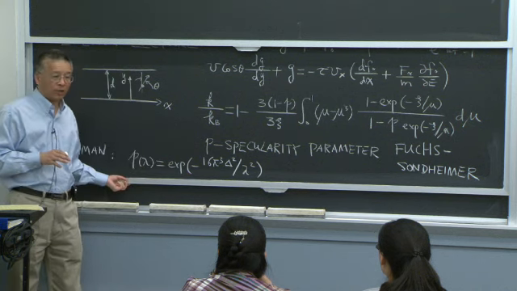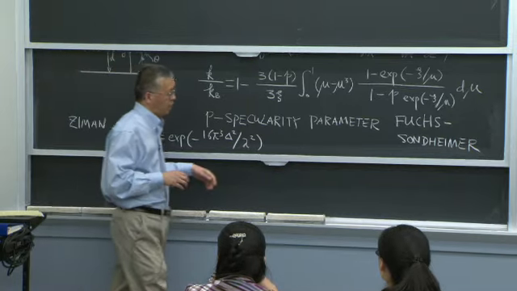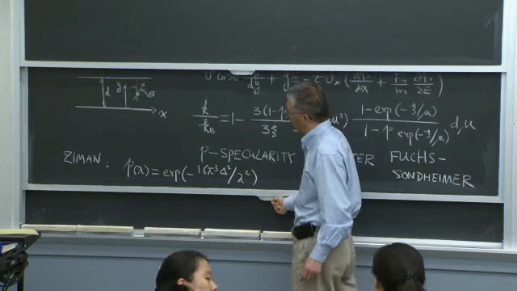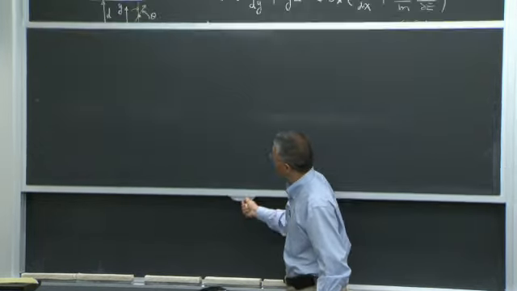That's specular. Okay, so this is the Fuchs-Sondheimer solution for diffuse scattering, for the electrical and thermal conductivity along a film.